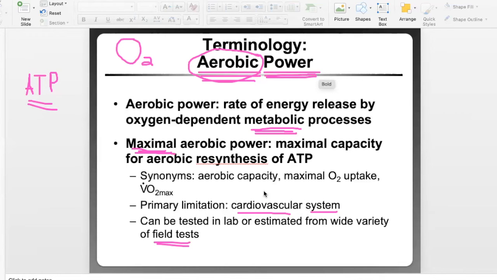And if I have a strong cardiovascular system, or high cardiovascular fitness, which is the primary limitation of aerobic power, I would say that using the Queen's College Step Test as an estimate of VO2 max is an indirect measurement of aerobic power. And I'll show you how to use the Queen's College Step Test to estimate VO2 max.